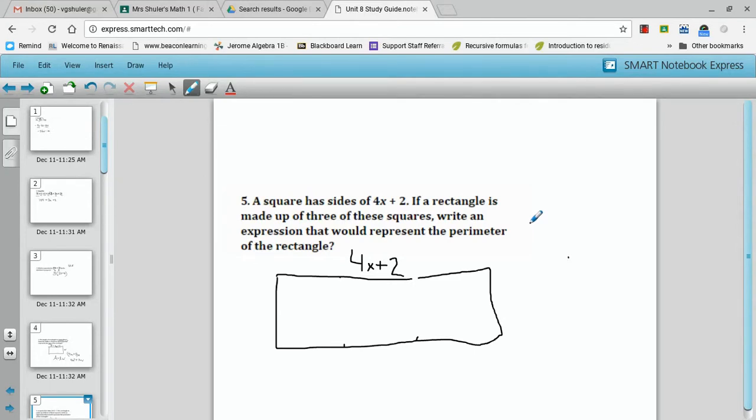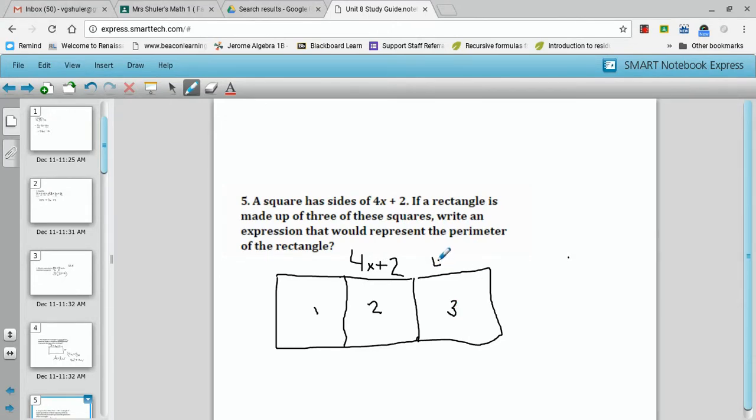Okay, number 5. A square has sides of 4x plus 2. If a rectangle is made up of 3 of these squares, so I've drawn a rectangle. I have 3 squares in it. So here's one of the squares. Here's another of the squares. So that's 1, 2, 3 squares. Now each of the sides is 4x plus 2.